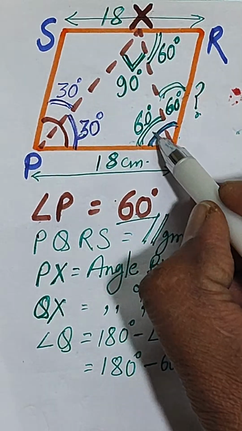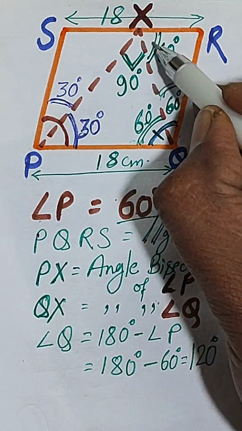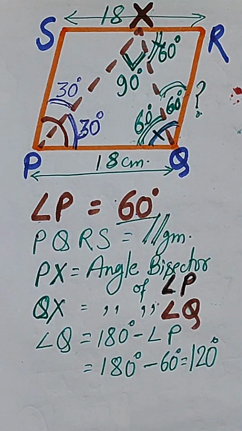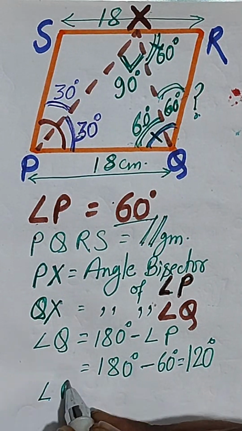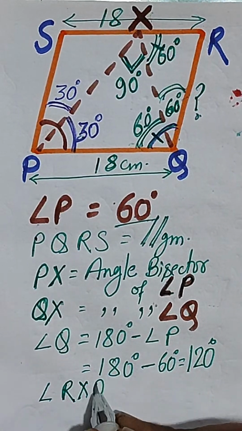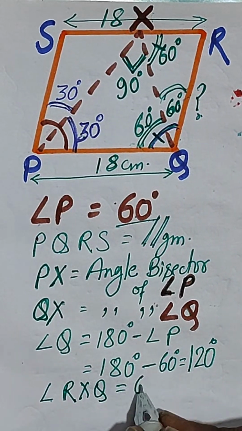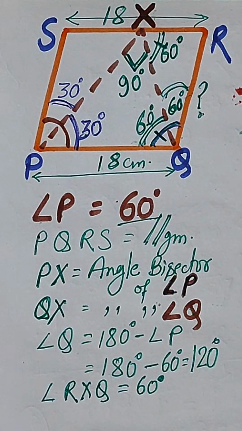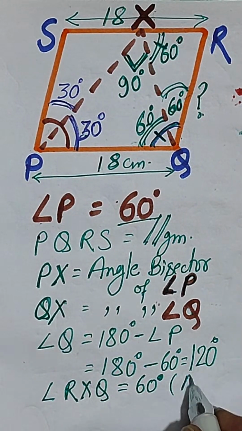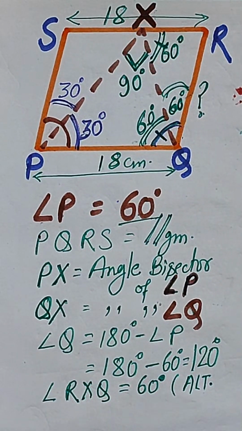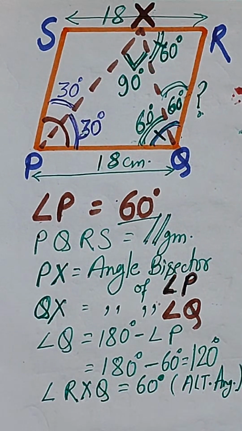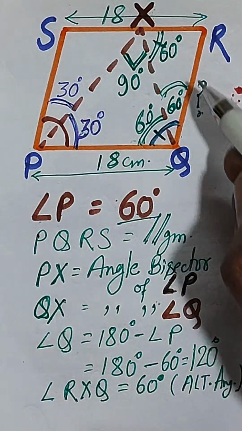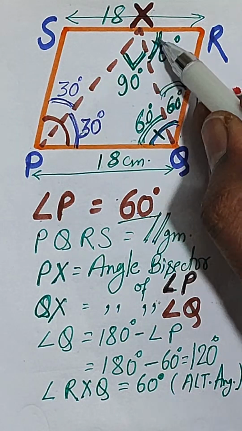Because this is an alternate angle. So we can say that angle RXQ is equal to 60 degrees, which is an alternate angle. So this angle is calculated as 60 degrees.